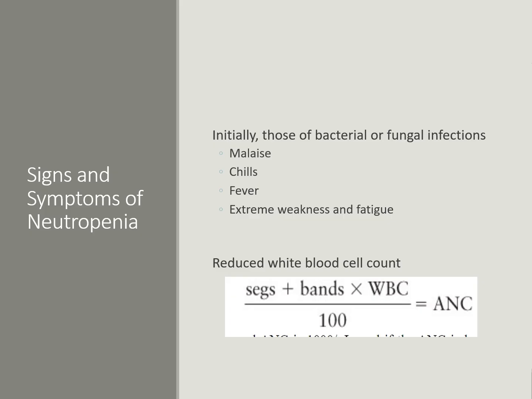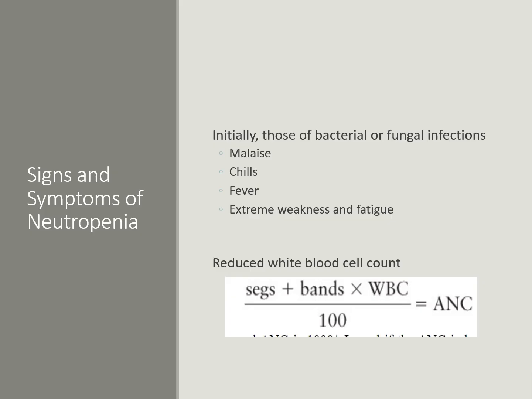We'll also talk about some of the white blood cell counts that we see. So one of the definitive ways that we look for neutropenia is something called an absolute neutrophil count. And this came directly from your book. It's a way that we calculate the ANC. So a normal ANC, or absolute neutrophil count, is about 1,000.